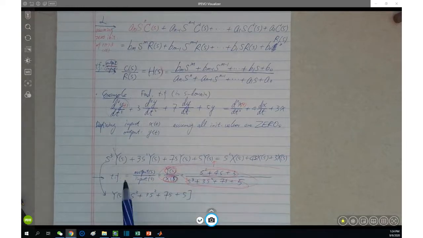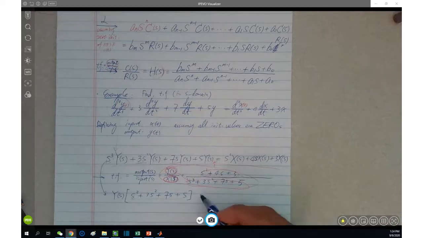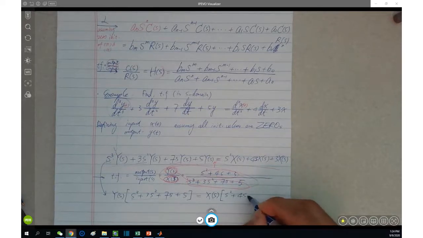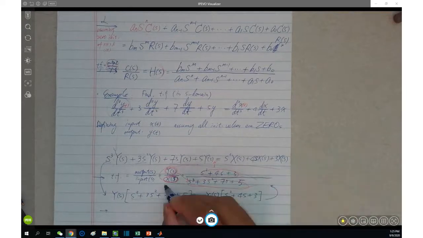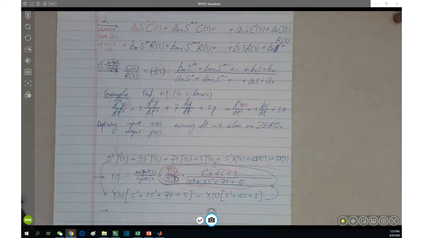This is what you got from the left-hand side of the equation, because everything is times the Y of S. So you take the Y of S out as the common factor and leave the s terms as this. And then do the same thing on the right-hand side, X of S times the s polynomial. And then from here, you keep moving. Well, actually, you can end up with this. Okay, never mind. I see. I don't know why I didn't get that. Thank you. Sure, no problem.